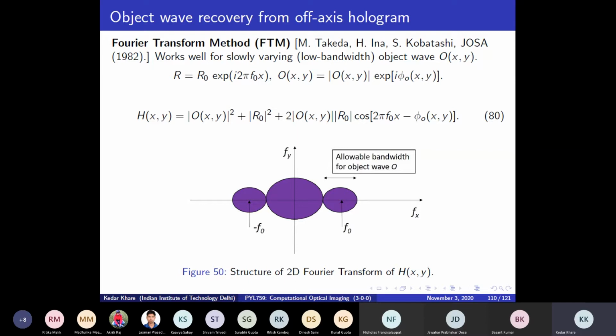But even if your camera has a small enough pixel size that it covers this whole frequency interval, this whole interval as per this picture is not allowable for your object beam. So your object beam bandwidth is much smaller than what is allowable based on the Nyquist rate.